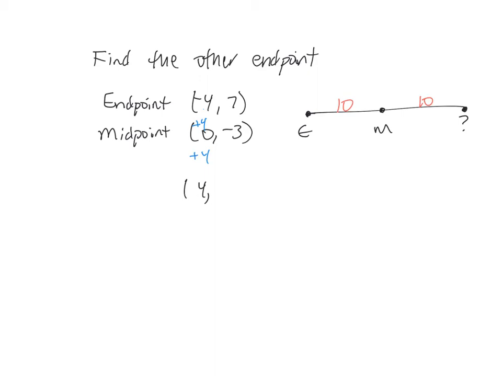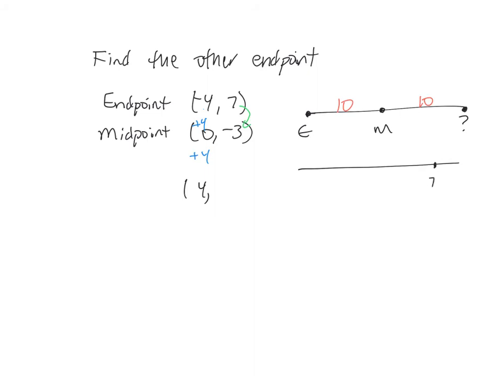Then do the same thing with the y part. How far, from 7 to -3, does that change on a number line? Some of you may have already got it, and that's fine.